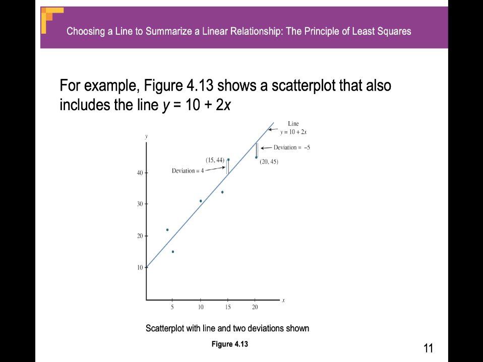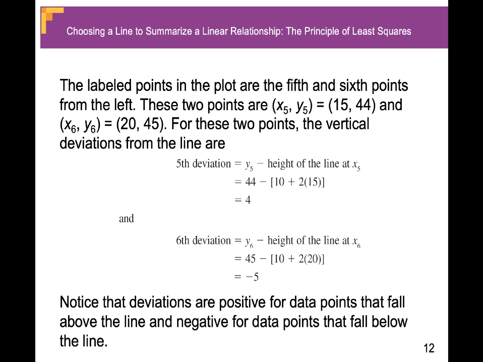That's going to happen because a best fit line should have some values above the line and some values below the line. But what we're trying to do is minimize the squares of these deviations. Part of why we need to square them is so that all of our values are positive, but there's also some other mathematics going on behind there. And you'll just have your formulas and your statistical software.